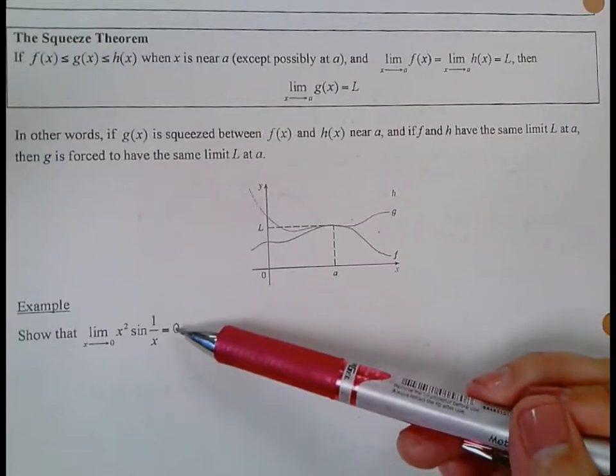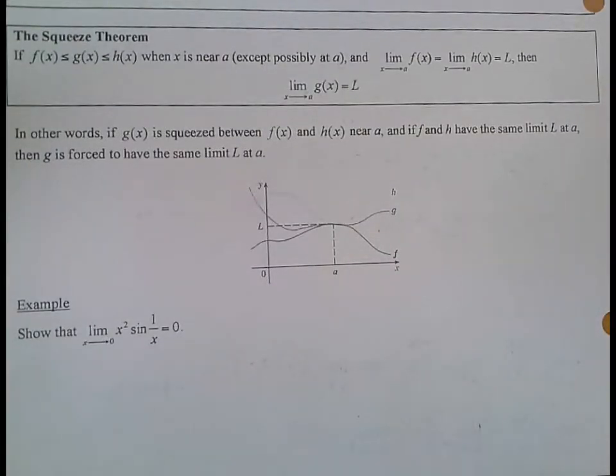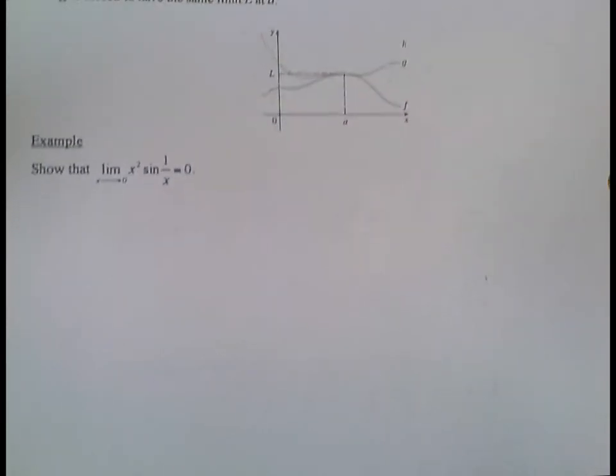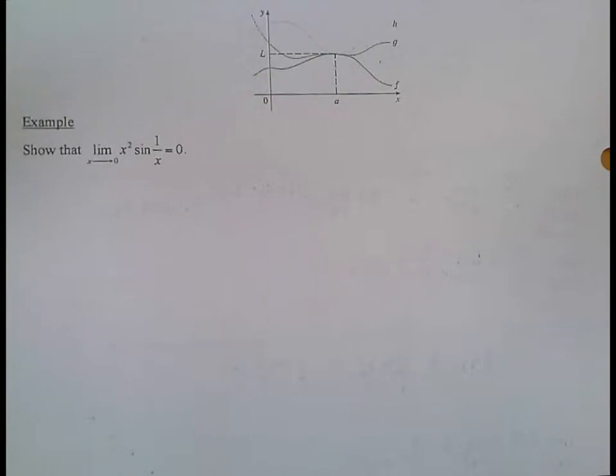So then in this example, it says show that the limit as x approaches 0 of x squared times sine of 1 over x is equal to 0. We're going to use the squeeze theorem to show this. The reason why we're using the squeeze theorem is because limit laws actually do not work here.